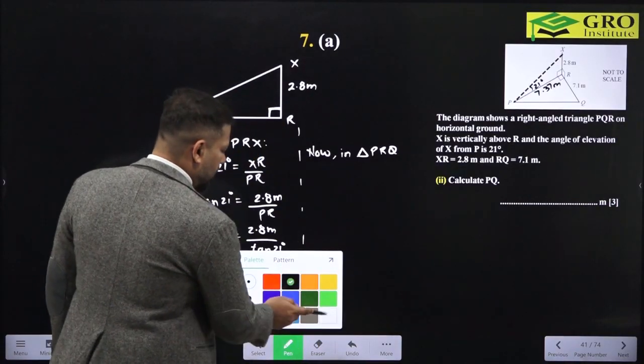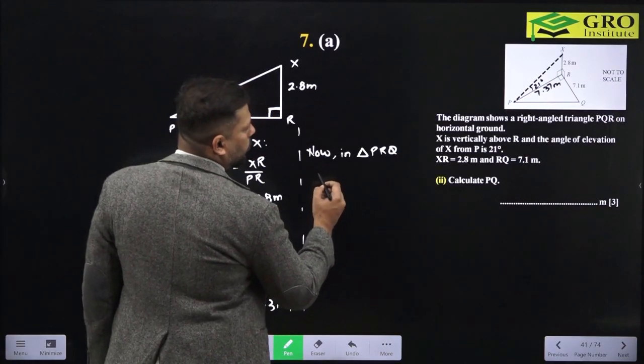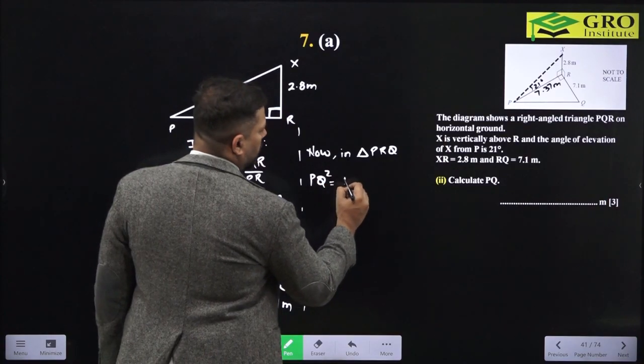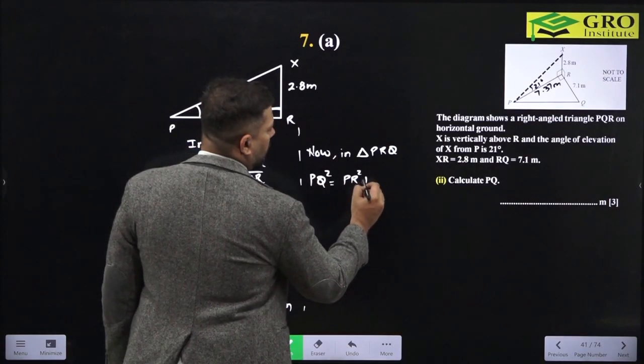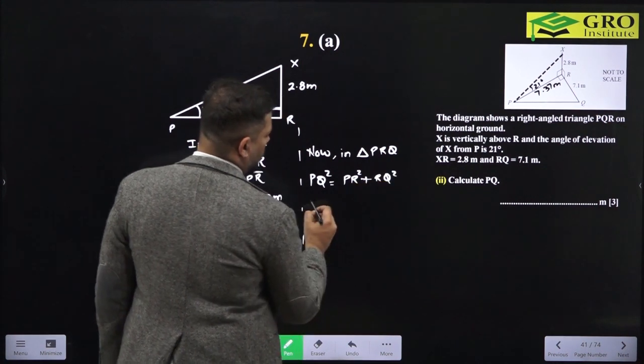So if I further solve it, we know that in triangle PRQ, PQ square is equal to PR square plus RQ square. This is by Pythagoras theorem.